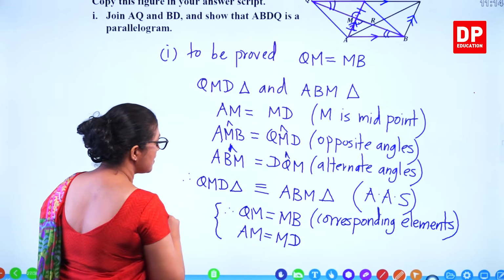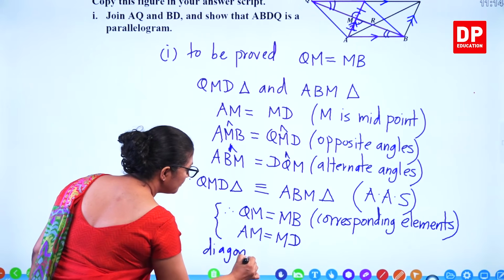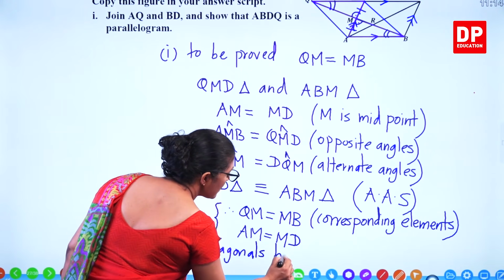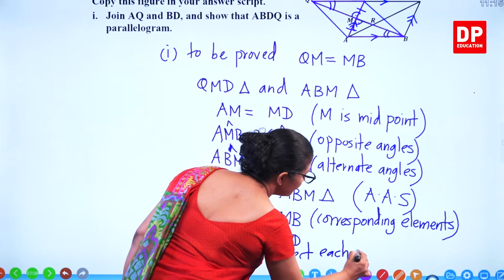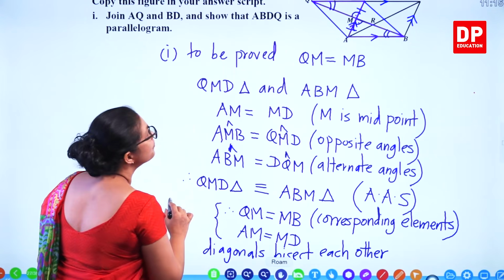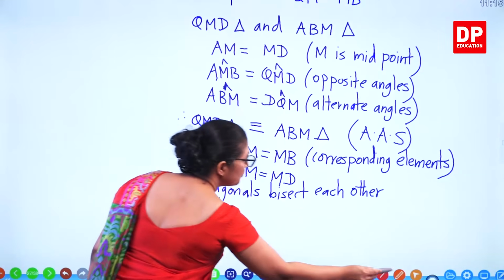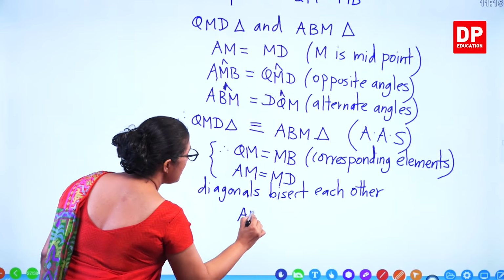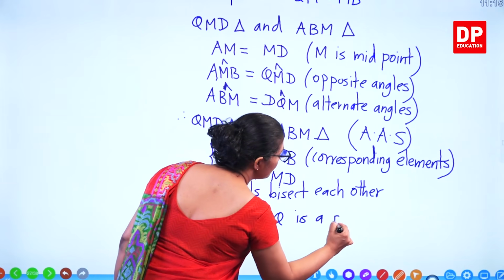Because of these diagonals bisect each other, therefore ABDQ is a parallelogram.